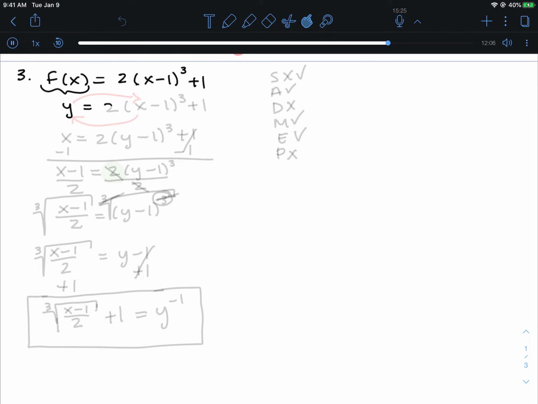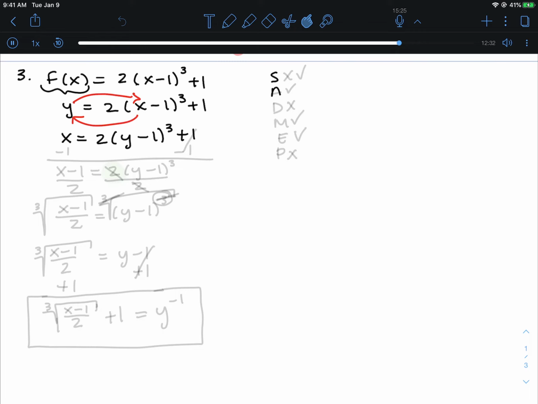So you're going to get y equals 2 parentheses x minus 1 cubed plus 1. After that, you follow the first step, which is switch x and y. So we are going to switch the x and switch the y. Okay, so now we're going to get x equals 2 parentheses y minus 1 cubed plus 1.